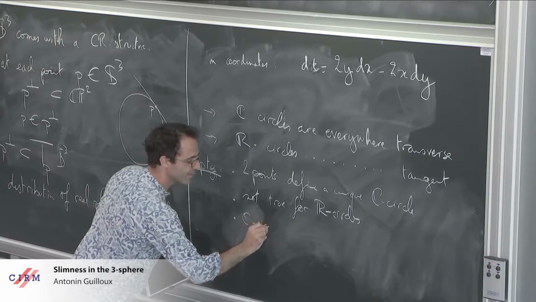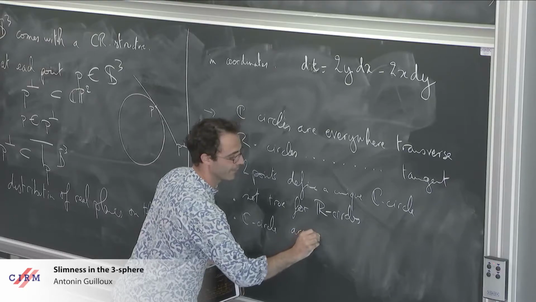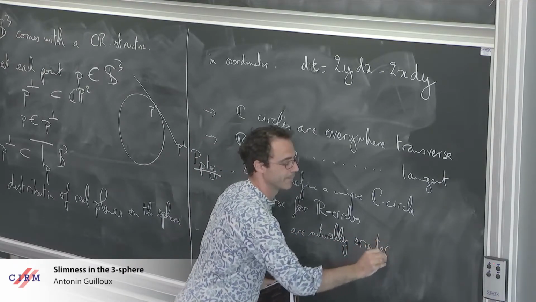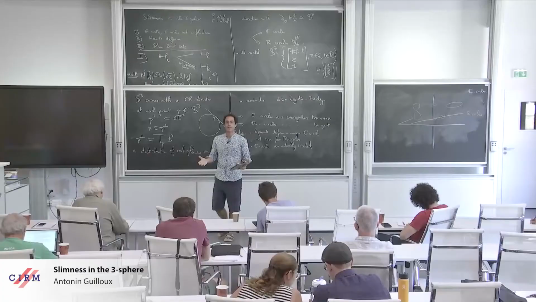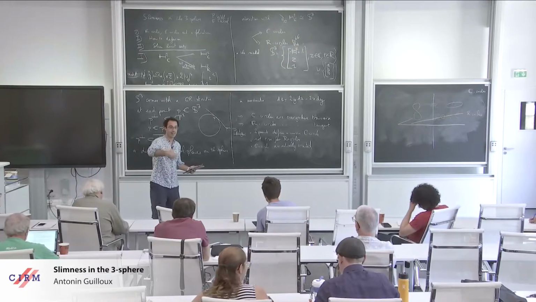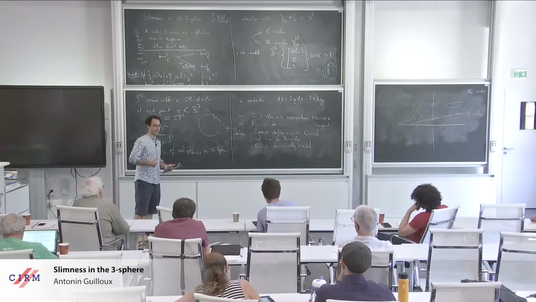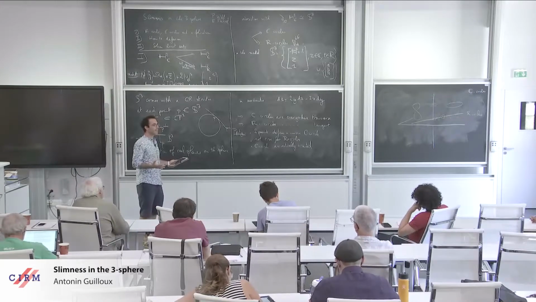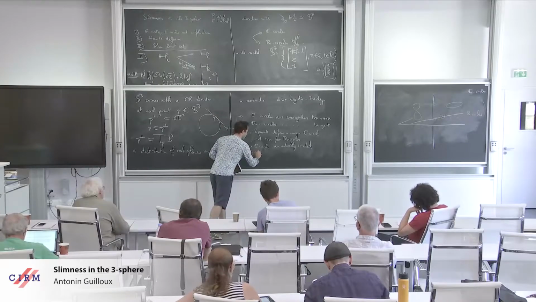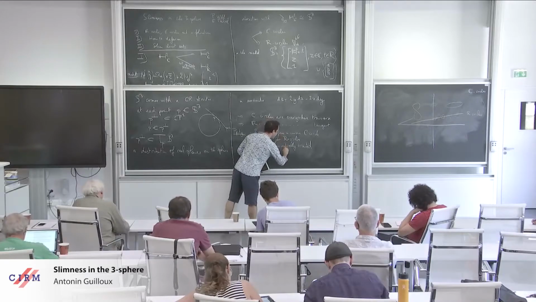A point that will be important for us is that C circles are naturally oriented, because those are circles in a complex line. So the complex line gives you an orientation of the plane, so an orientation of the circles. So there is a natural orientation, whereas this is not true for R circles.